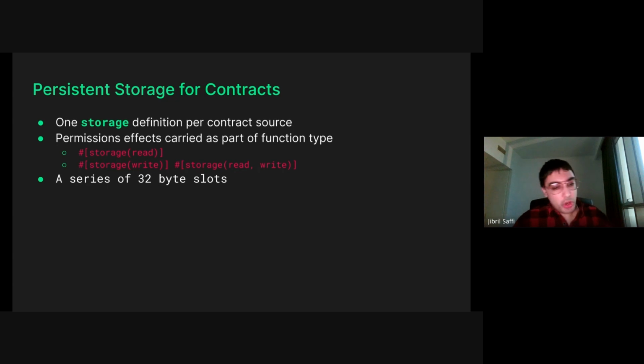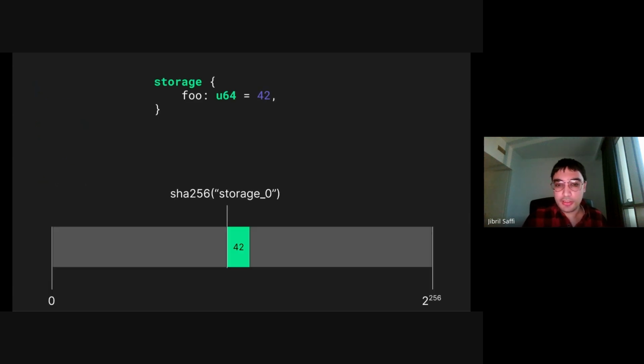And yeah, storage works kind of the same way that it does on the EVM. It's this huge series of 32-byte slots, and it looks like this. You got your storage with a single field, and okay, there is a slight difference with how the EVM does it.